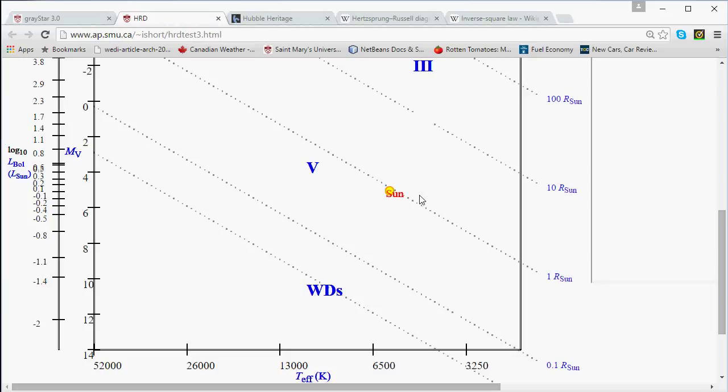Right? If nature is equally as likely to make bright hot stars or faint hot stars or bright cool stars or faint cool stars, then we should find just as many stars in any one quadrant of this diagram as in any other quadrant, in which case stars should be scattered uniformly throughout this entire HR diagram. So that is our prediction 1.